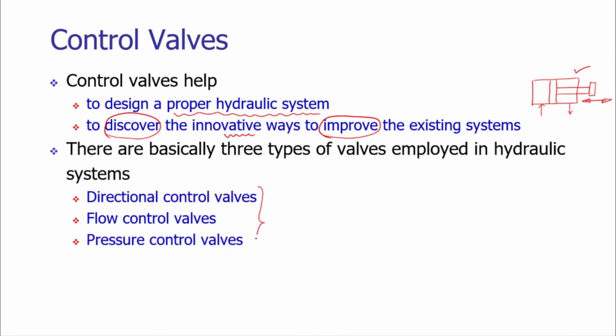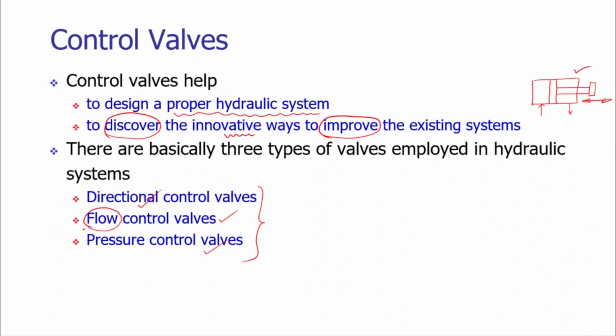In hydraulic systems, basically three types of valves are used. These are the directional control valves, flow control valves, and the pressure control valves. The directional control valves are controlling the direction of the fluid inside the hydraulic system.